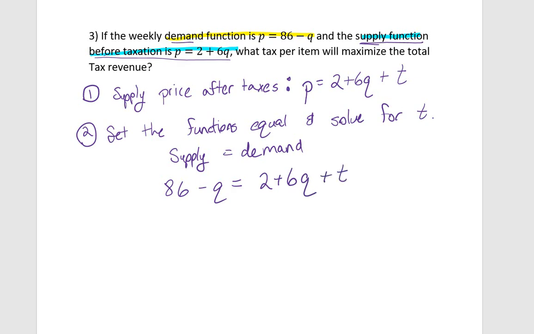Now, since the taxes, t, are the things we want to maximize, we want to solve for t here. So that's the whole purpose of this step. So if we move everything over and solve for t, we're going to have t equals 86 minus q minus 2 minus 6q. So we get that the taxes per item are going to be 84 minus 7q.